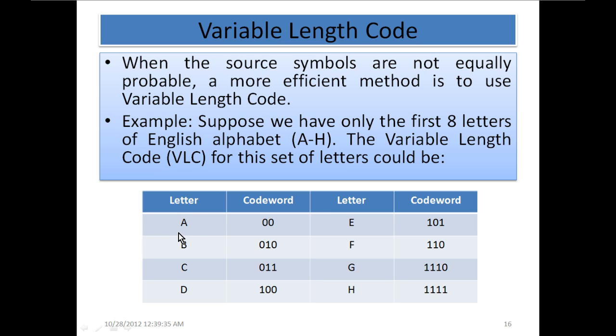Since it is less informative, we assign fewer bits to A. B, C, D, E and F are assigned 3 bits because their probability is lower than A, to encode the information. But G and H are assigned 4 bits because they are the least probable among all these 8 letters. Since they have the lowest probability, they are assigned the highest number of bits.